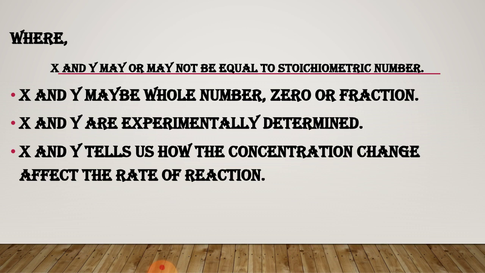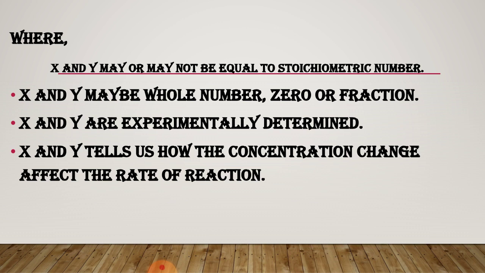Suppose it is 3, so we write 1 upon 3 times the change in concentration of A. But here X and Y may or may not be equal to the stoichiometric number. X and Y may be a whole number, it may be 0, it may be a fraction.